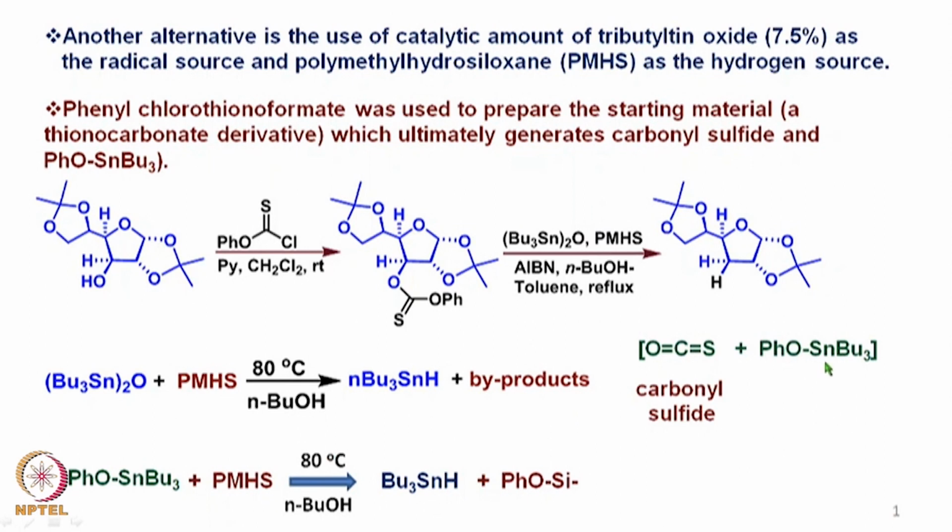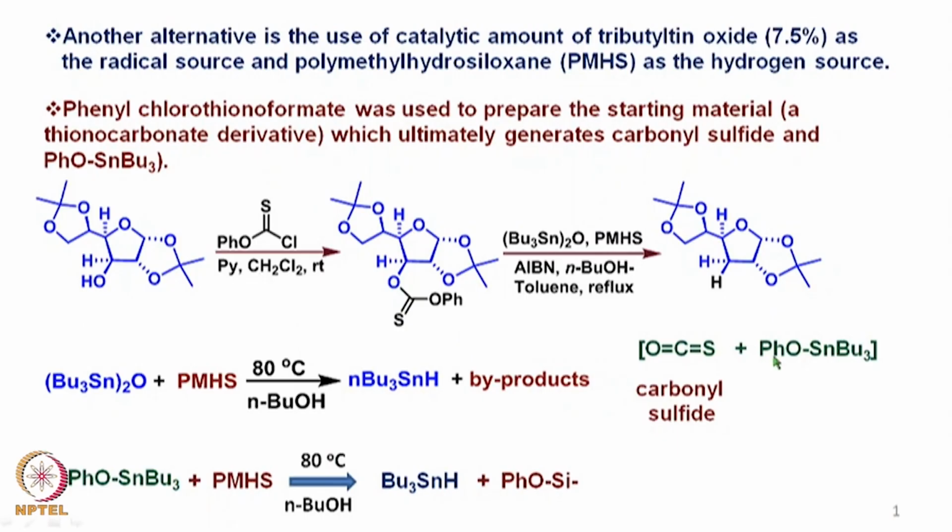Basically what happens in these reactions is the tributyltin oxide reacts with PMHS to form the tributyltin hydride, which then of course in the presence of AIBN forms a tributyltin radical, and that leads to the formation of the deoxygenated product from this thionocarbonate derivative.